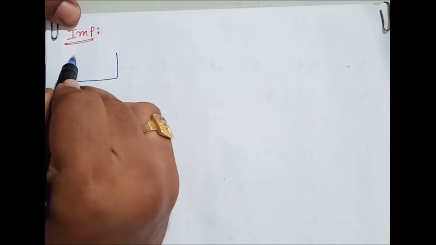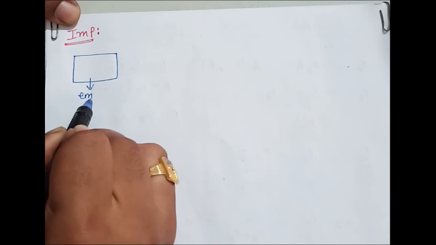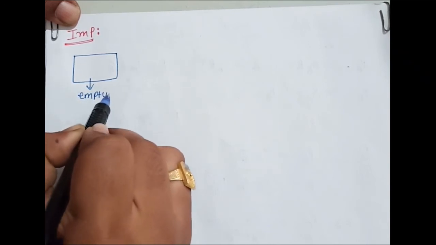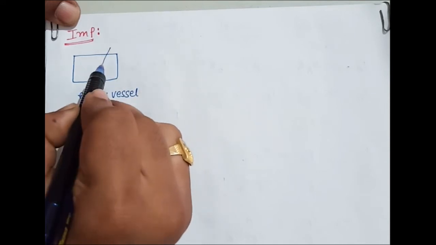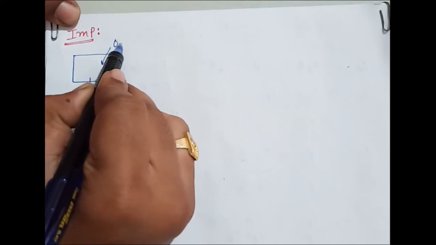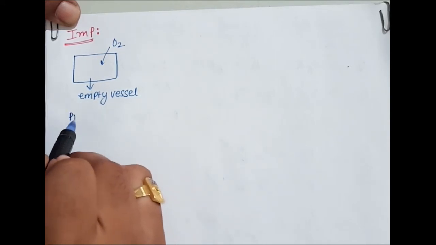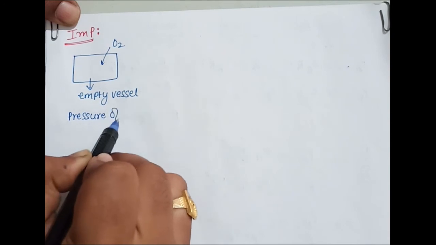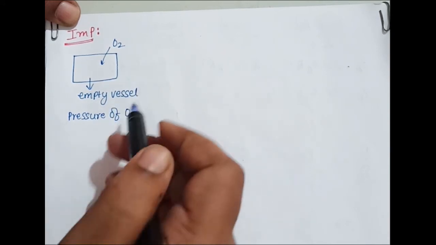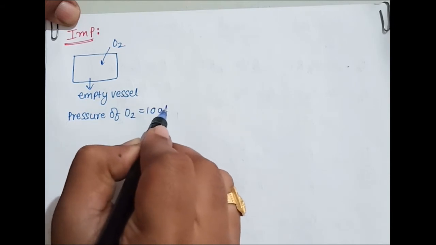It is an empty vessel, and in this empty vessel, suppose you took oxygen gas. Okay, so now there will be some pressure, and that is called the pressure of O2 gas. Let us say the pressure of O2 gas is 10 atm.